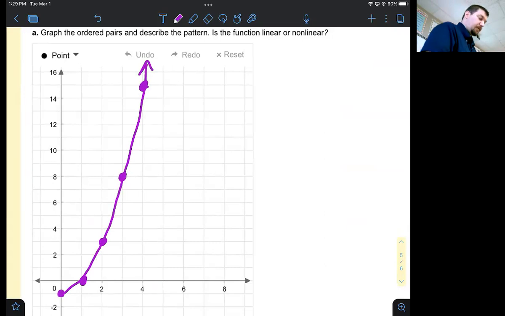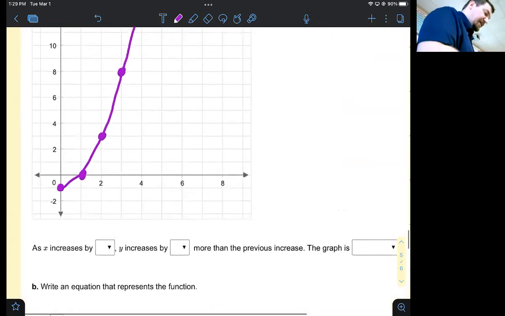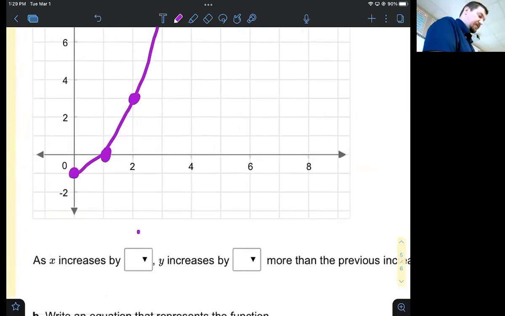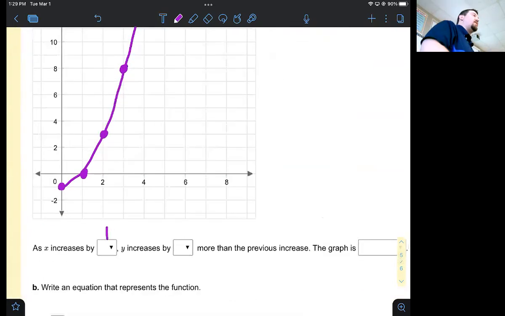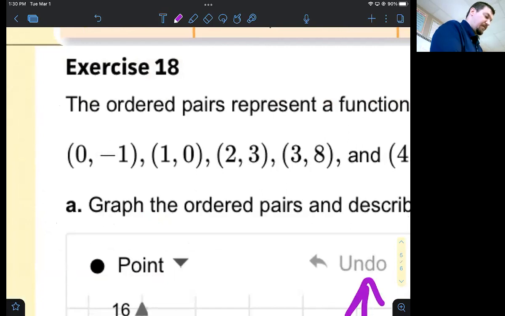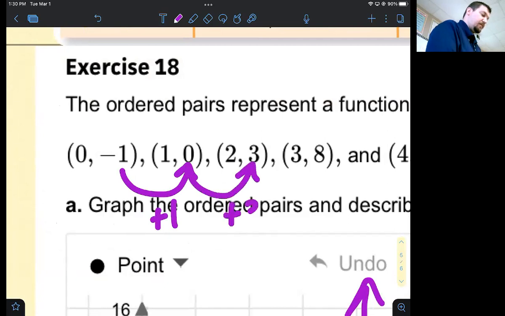Okay. So after I graph it, it says as x increases by blank, which it looks like it just increases by 1 each time, y increases by blank more than the previous. Let's see what the y's are increasing by. This y increased by 1. This one increased by 3.